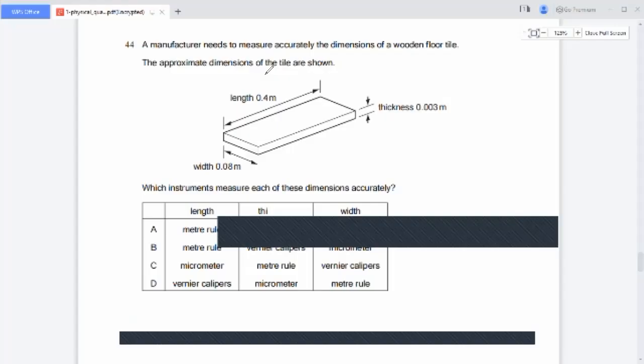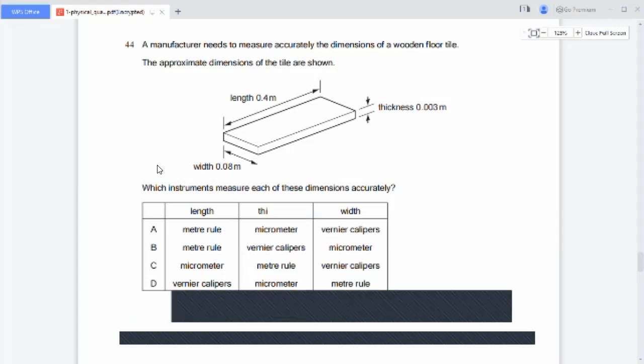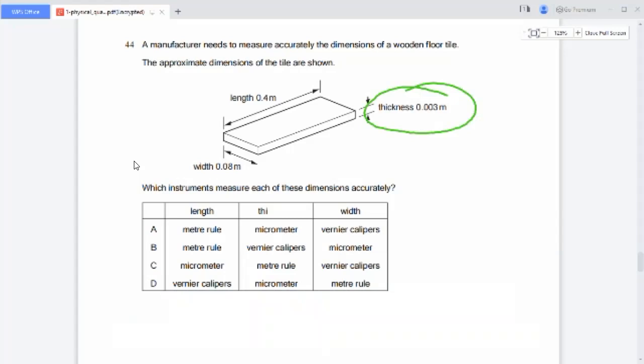Question number 44 is again a repeated question, so we are already done with this question. Thickness is in mm, so we are going to use a micrometer for this one. Width is in centimeters, so we are going to use a Vernier caliper for it, and this length was 40 centimeters.